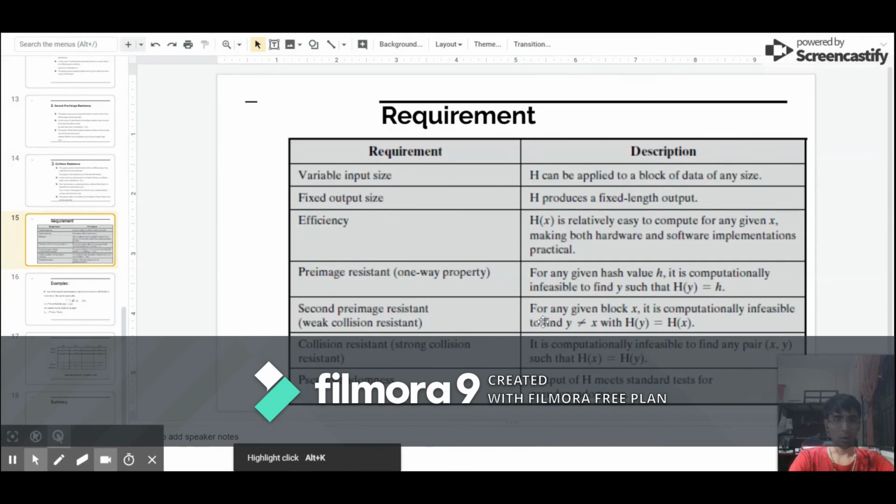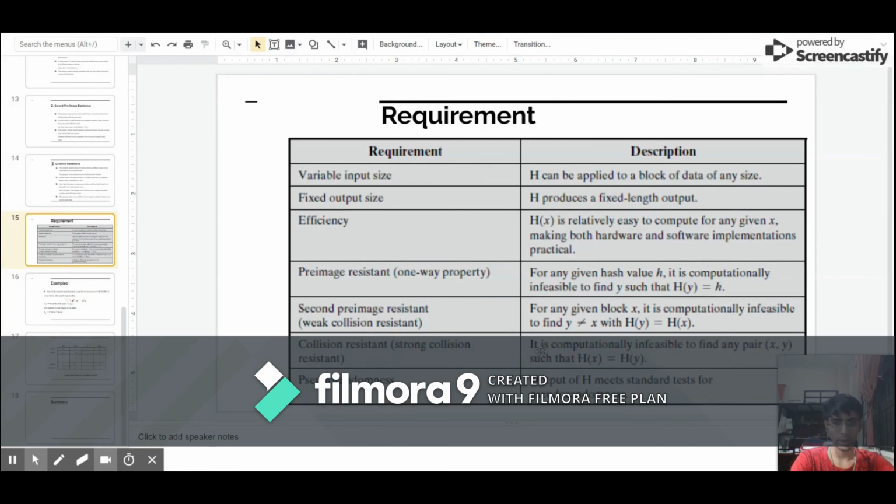And then the second property: for any given block x, it is computationally infeasible to find y not equal to x with h of y equals h of x. So two different inputs should not have the same hash code.